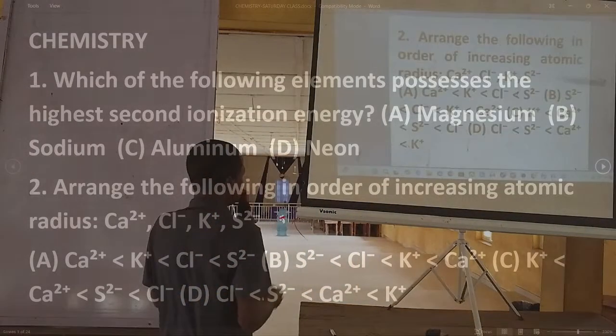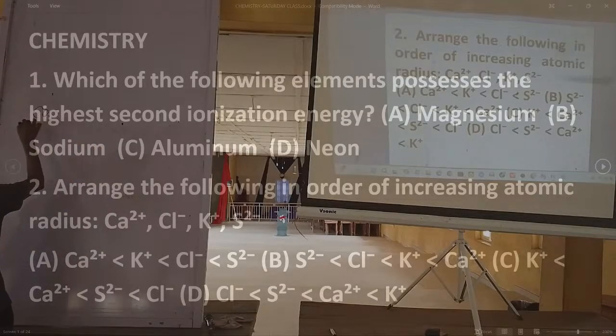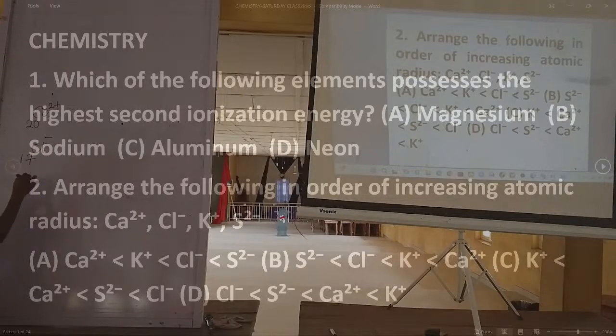Let's look at calcium ion. Calcium has atomic number of 20, and chloride ion, chlorine has atomic number of 17. If you look at potassium ion, potassium has atomic number of 19, and finally sulfide ion, sulfur has atomic number of 16.